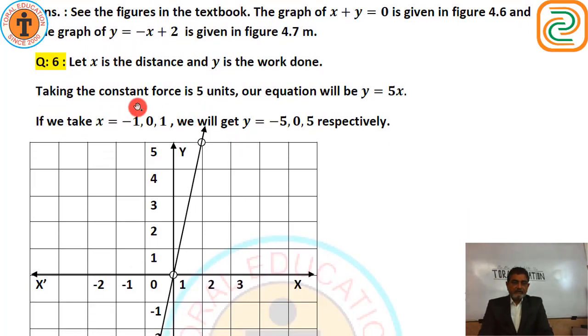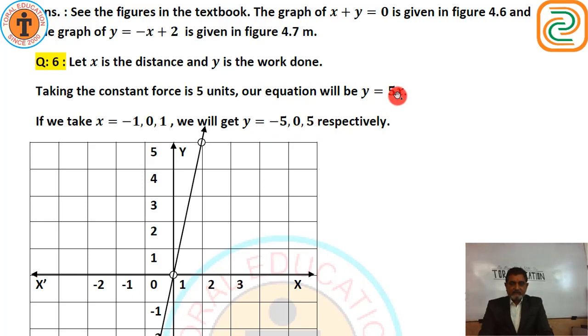Taking constant force as 5 units, our equation will be y equals 5x because the constant force is 5 units. So 5 into x, right? Distance is x, y equals work done. If we take x equals minus 1, 0, 1, we will get y equals minus 5, 0 and 5.